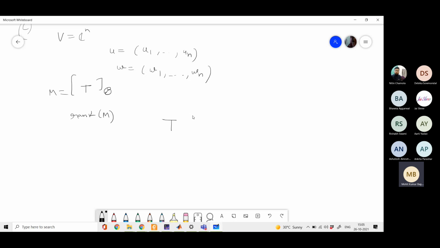So if T is a linear operator on V, then with respect to the inner product, you can use the result that you have studied, if, let's say, this is the basis. So that's how you are calculating the matrix, right?